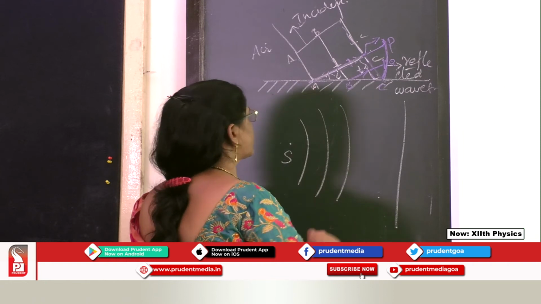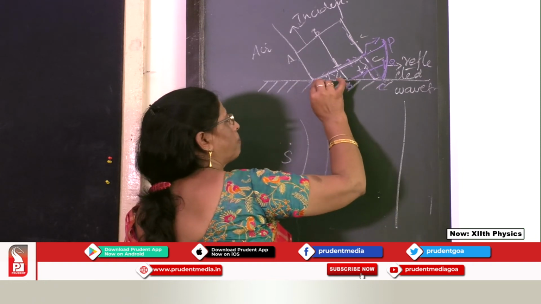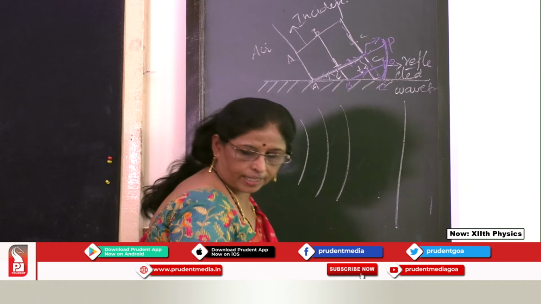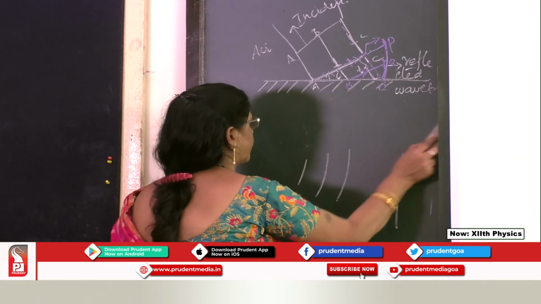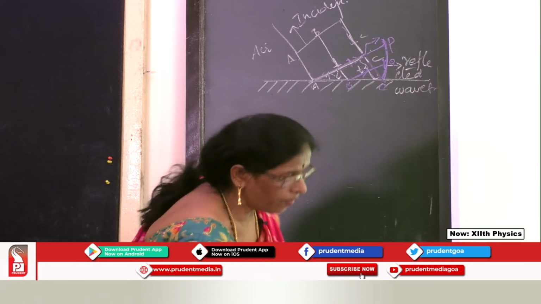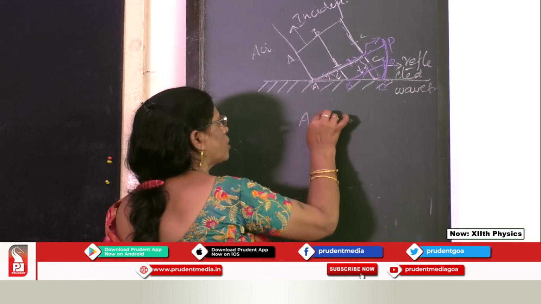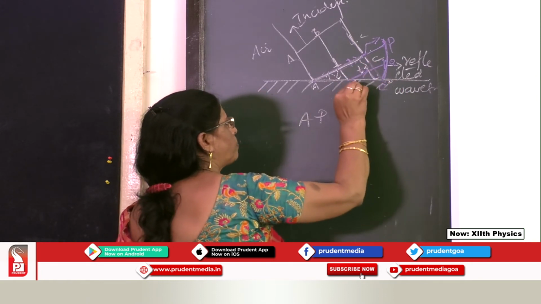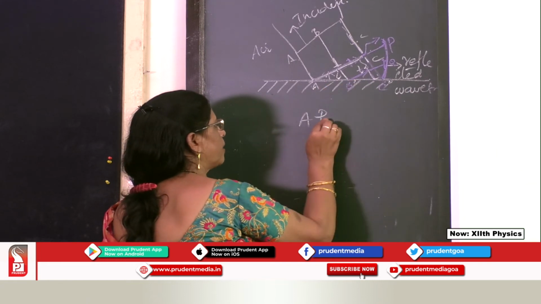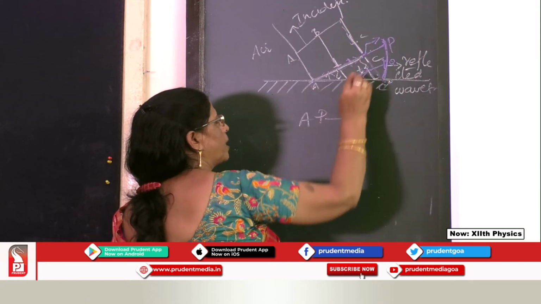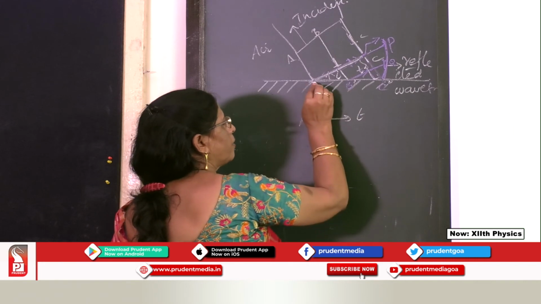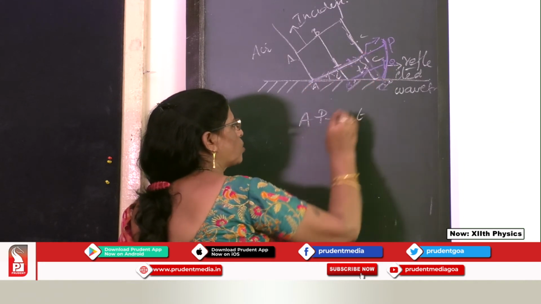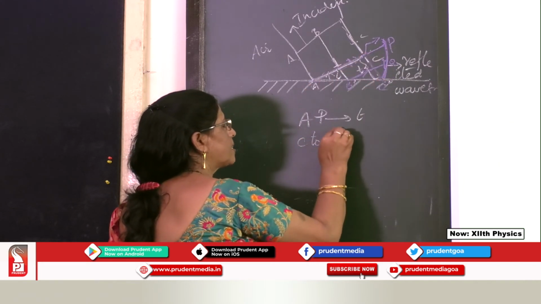So the time taken by the wave to reach from A to P, and here I'll take C dash, B dash, the time taken from A to P and the time taken from C to C dash is the same.